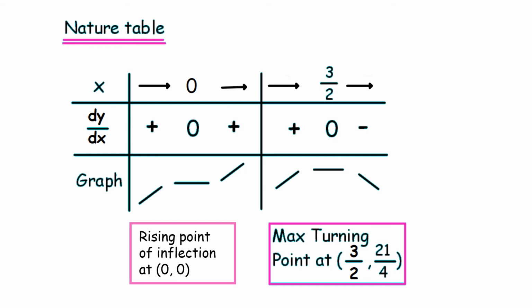So just a reminder to make sure you have these statements at the end of the question, because it's such an easy mark to lose, because it's so easy to forget. You've done all the hard work, just make sure at the end you round it all off with your communication statement saying rising point of inflection at 0, 0 and the maximum turning point at 3 over 2, 21 over 4.